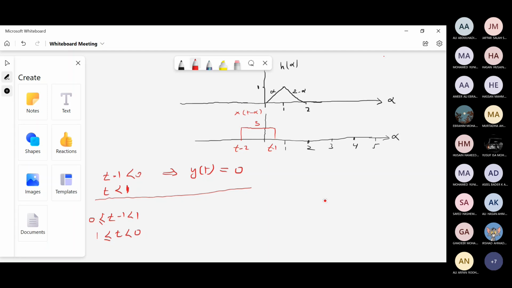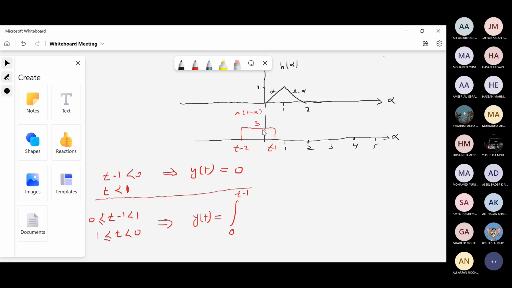So what is y of t? It is the integration of x multiplied by h. If you notice here, after t minus 1, this is equal to 0, so it is multiplied by 0. And before 0, this is 0. So again, we have 0. So we have only the limits of integration between 0 and t minus 1. So it is from 0 to t minus 1.